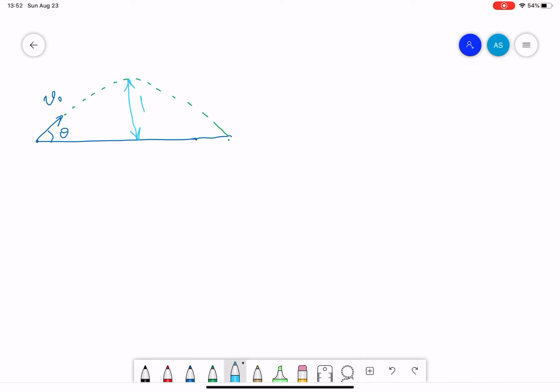So let's call it h max, and we have a range, which is delta x. The condition here says that delta x is 3 times h max. Given that condition, we have to find the angle theta.